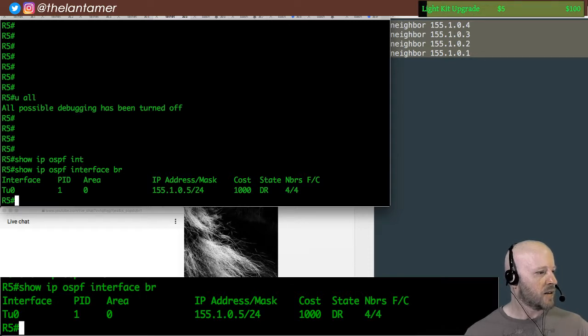Which I could see why that would be an issue. It's not point-to-point, it's point-to-multipoint, right? So therefore, we change it to non-broadcast.